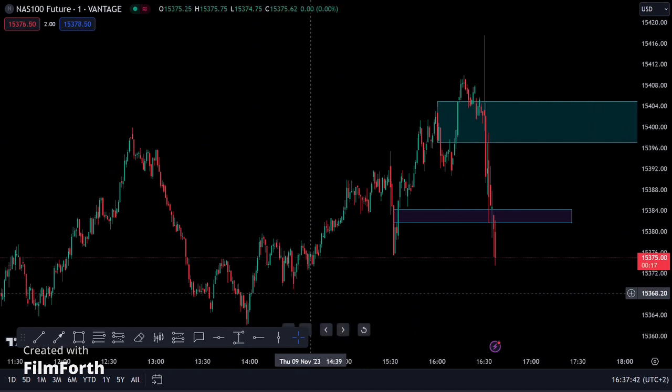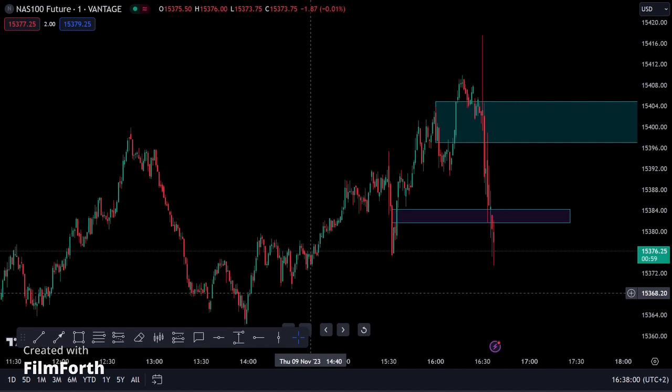Interesting. It took out a high first, then we came back, took out a low. Interesting. We're going up. Just know that, guys. We're going up. Lower time frame took out a high, low, then we have to go up. Just waiting for it.